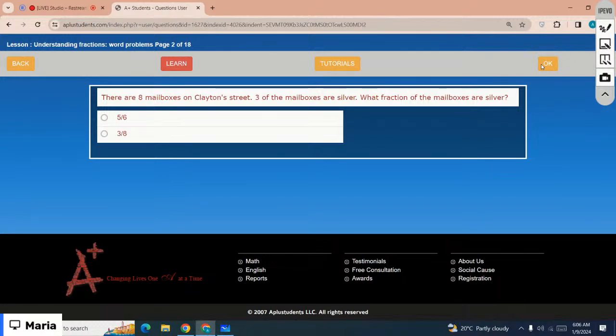The total mailboxes are 8, right? 3 of them are silver, so that is 3 out of 8, right?